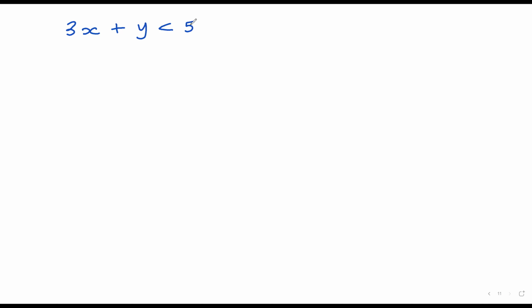But I think the more accurate way to do it is to write this line in the form y is equal to mx plus c. Remember, we're going to be looking at 3x plus y is equal to 5. We need to draw the line first, and then we would be able to show the region.